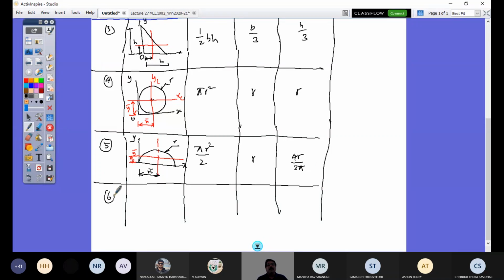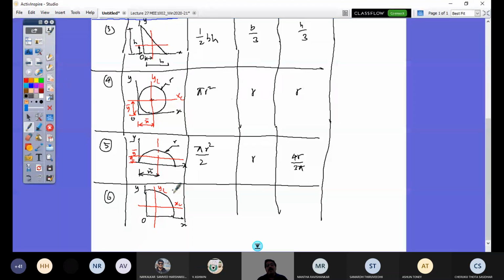Again, if I have a quarter circle instead of a semicircle, defined with the xy axis set holding this point as origin, my centroidal axes of the section, yc and xc, would go through the centroid.